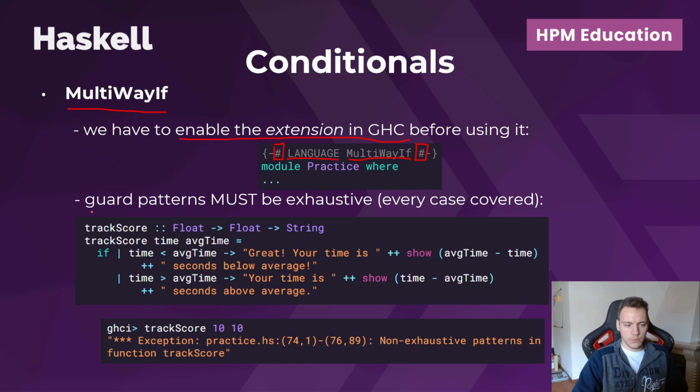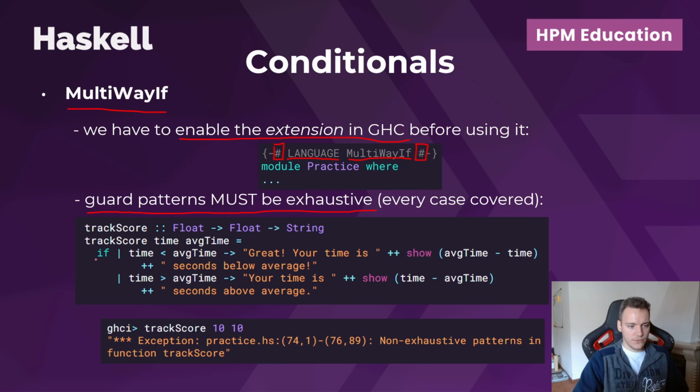One thing to note about multi-way ifs is that the guard patterns we use must be exhaustive, which means every case must be covered. To illustrate this, let's look at this example where we rewrite the track score as our first iteration with if then else statements, which didn't differentiate the case of time being exactly equal to average time.